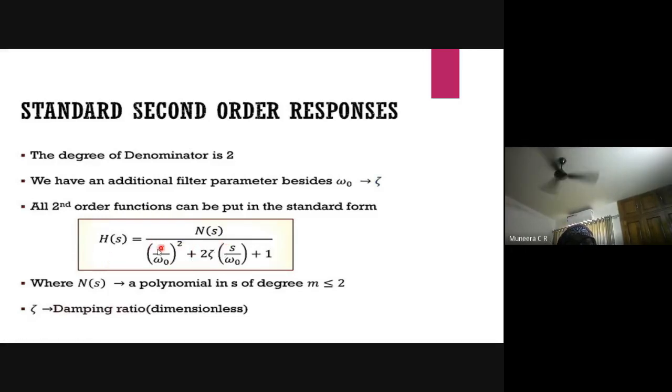So we have all the filters: low pass filter, high pass filter, band pass, band reject filter. In all of them the denominator will be second order, the same. And also you have a numerator polynomial. Depending on how the numerator polynomial changes, we identify which filter it is. Usually its degree is less than 2.